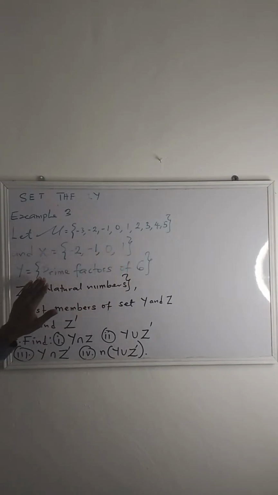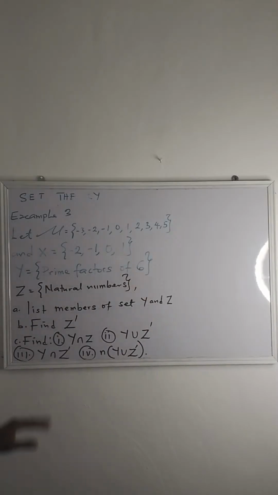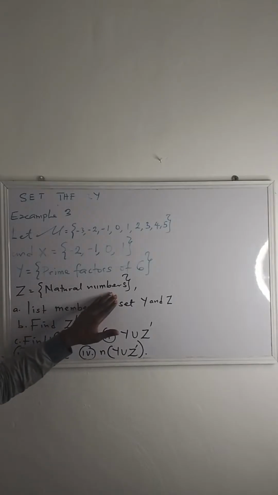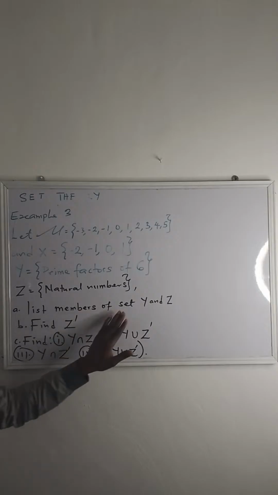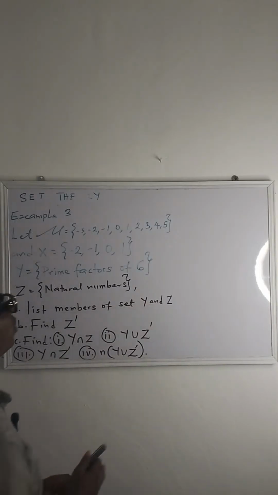Now Y is the set of prime factors of 6. Now Z is the set of natural numbers. So you have to list members of sets Y and Z. So now let's do that.